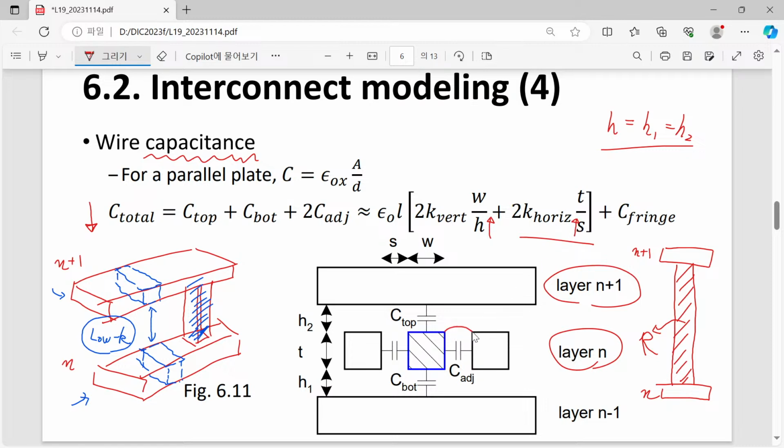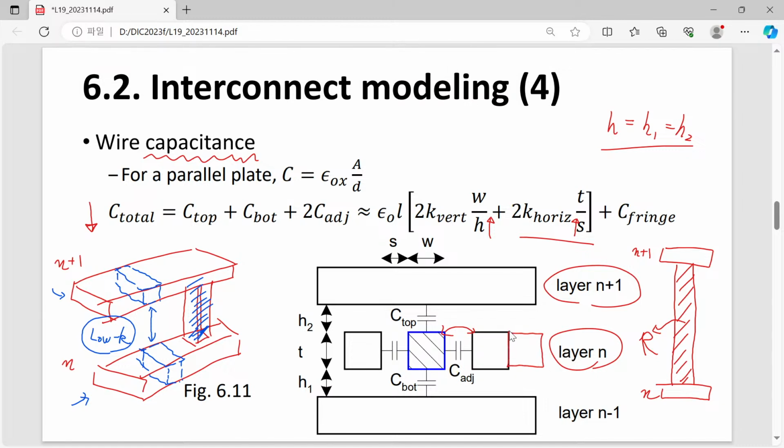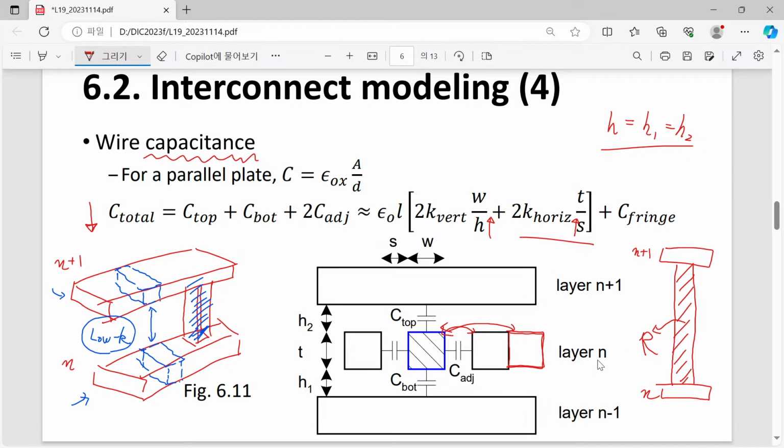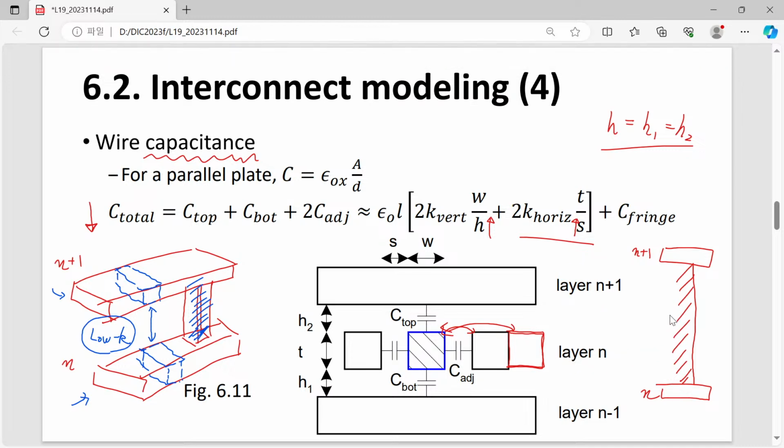Instead of closely drawing your metal wires, if you draw your metal wires in a more relaxed way, then there will be significant reduction of capacitance. But what does it mean? It means that you just give up scaling.